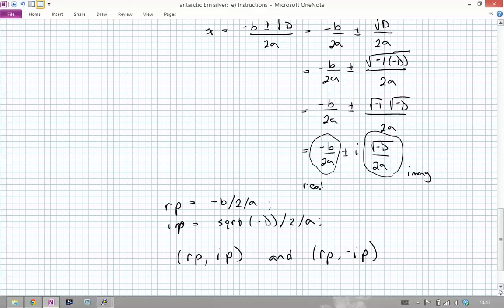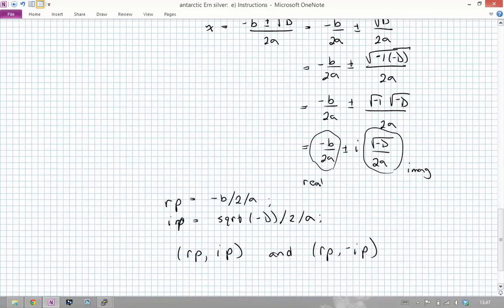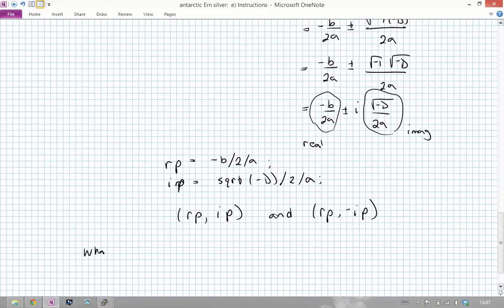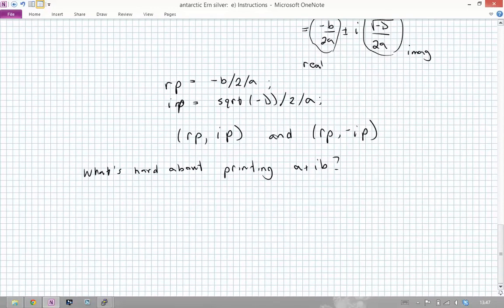Where do things get crazy with this other notation? So what's hard about printing a plus ib? I can show you a few things that are kind of annoying about this.